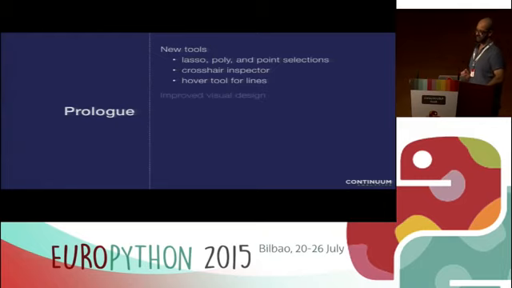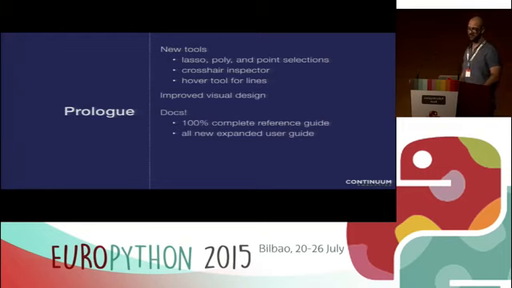We have really improved visual design, especially on tools, but also in small details. We have a really improved documentation set, as I will show later, showing the new interactions. And actually, we have a reference guide that is 100% complete and auto-generated.